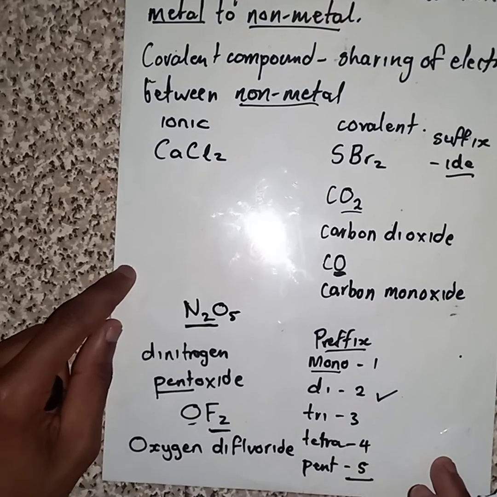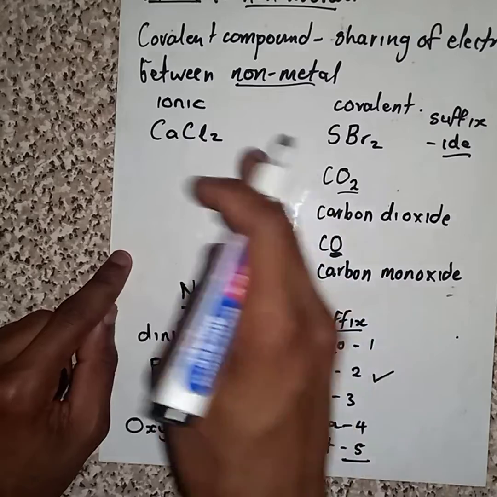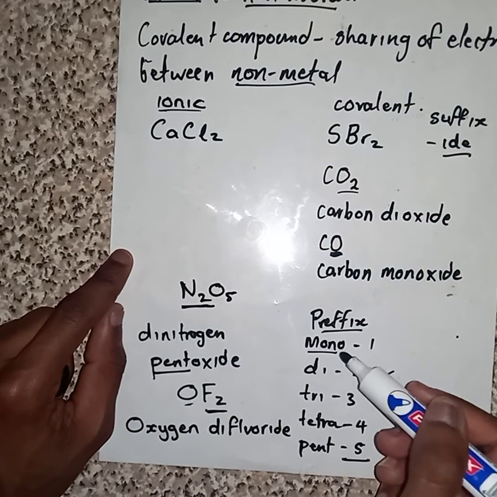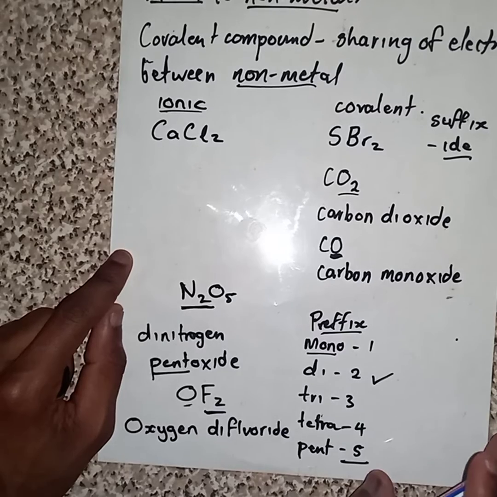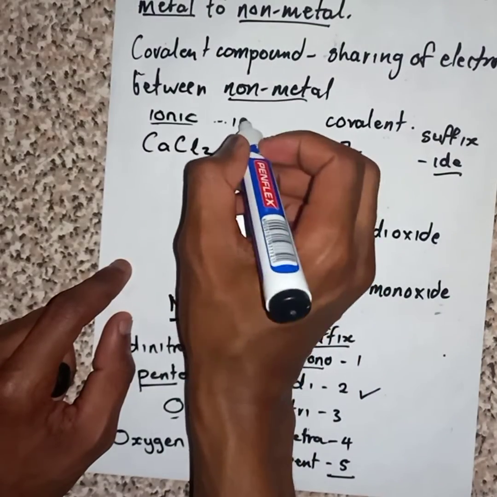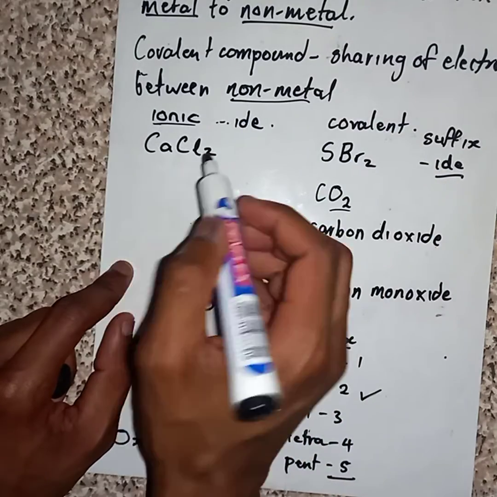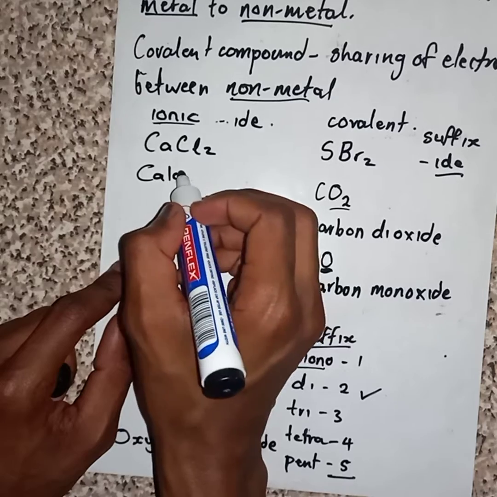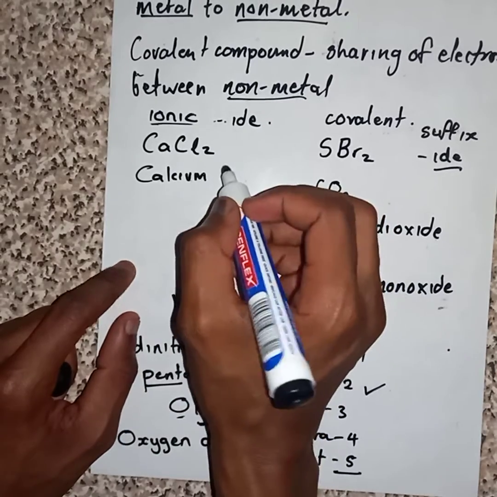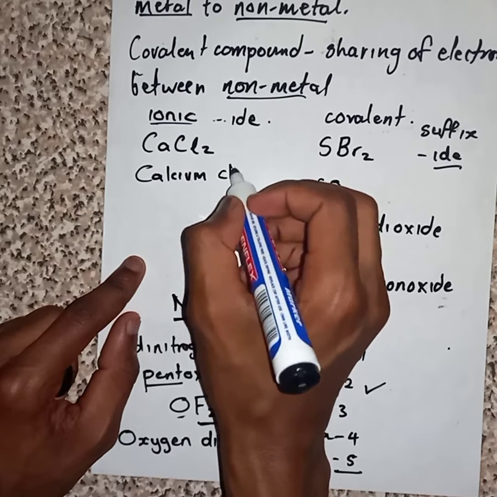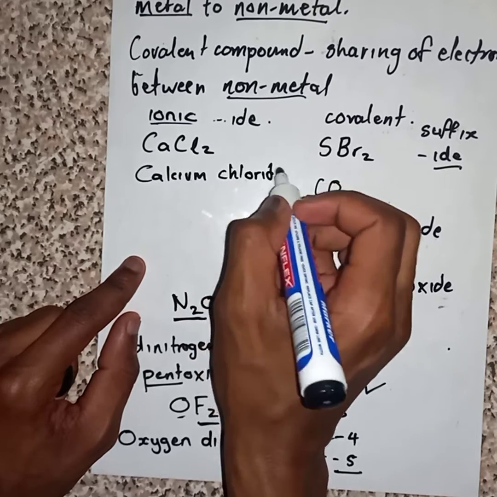As for covalent compounds, as for ionic compounds, we don't use prefixes such as mono, di, tri, tetra. You see, then you only use the suffix IDE. Like this one is going to be calcium chloride.